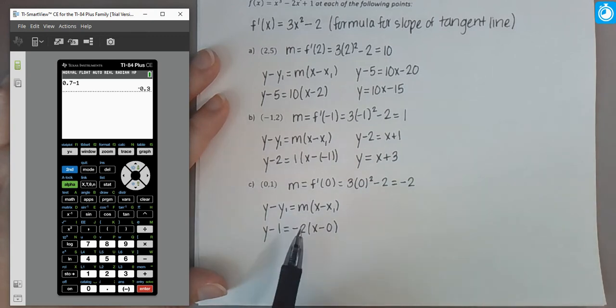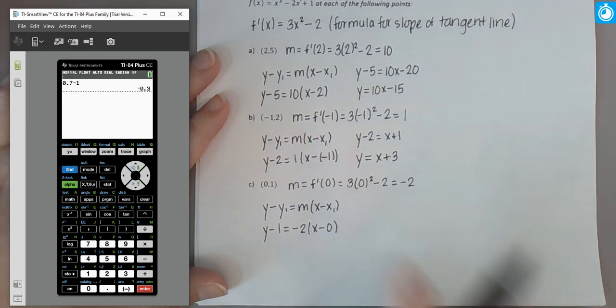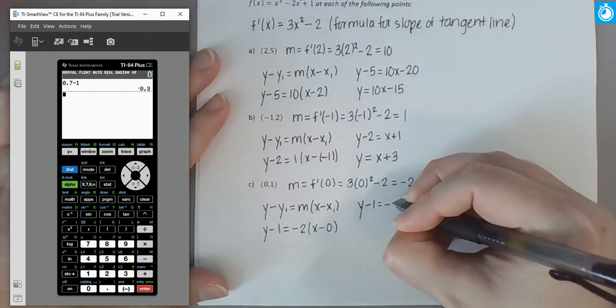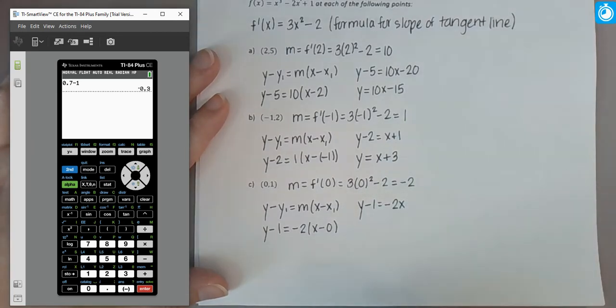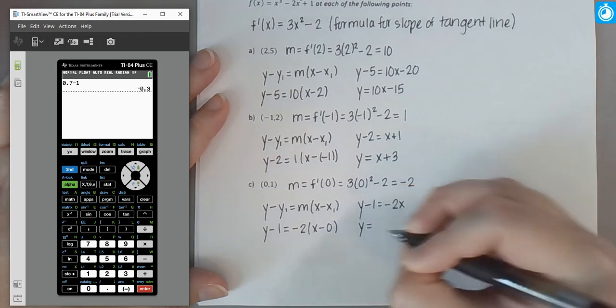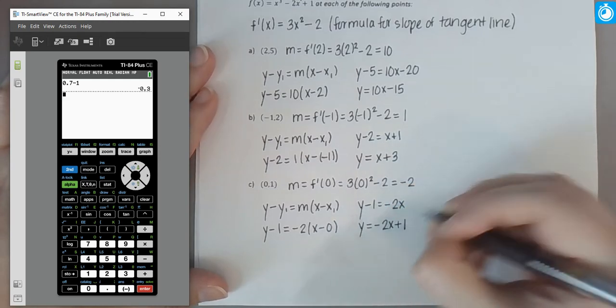Okay, clean it up. Now distributing the negative 2 here, this 0 goes away. So that's just going to be negative 2x. So y minus 1 is equal to negative 2x. And then in slope-intercept form, move your 1 over, y is equal to negative 2x plus 1.